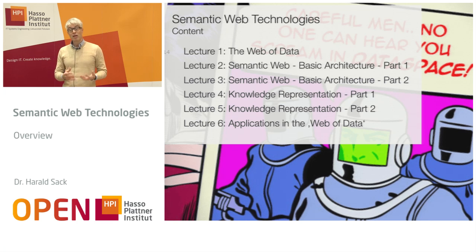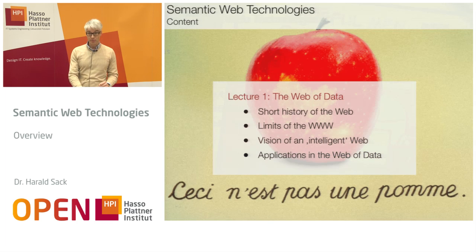And after that, if we have looked at the entire architecture and on the knowledge representation on the semantic web, we will come up with some applications. So what can we do with the stuff we have on the semantic web, and how will the web of data work for us? So let us take a closer look inside the lectures.